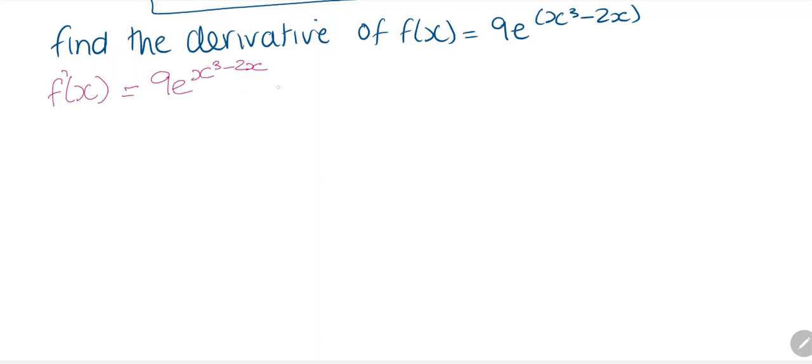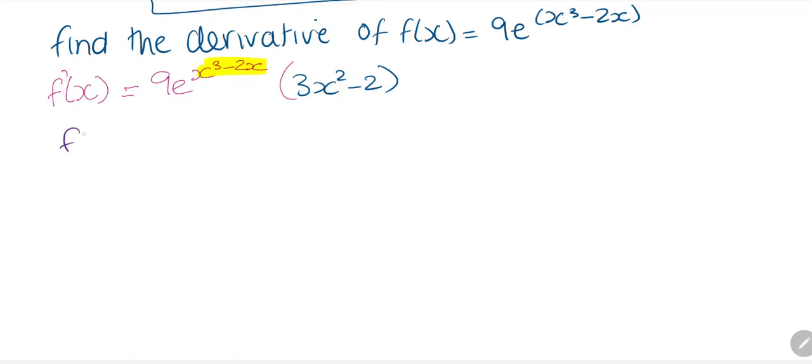And then we need to multiply this by the derivative of our exponent. So this is going to be 3x squared minus 2.